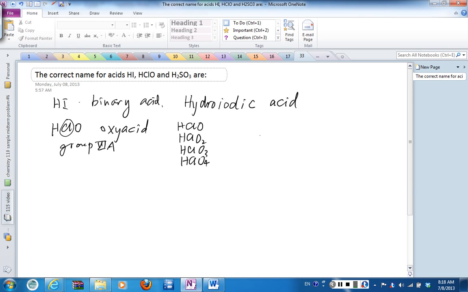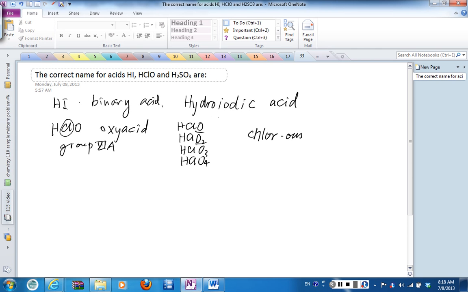we use the root. For chlorine is chlor, and the suffix would be us for lower number of oxygen, between 1 and 2.